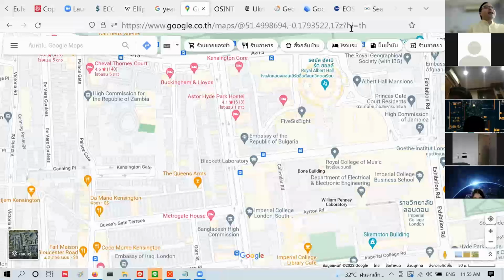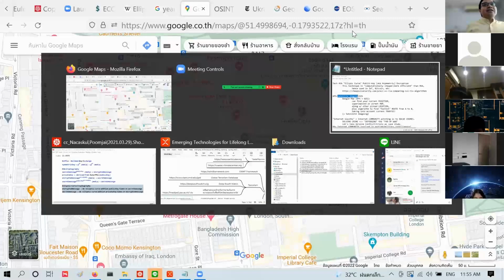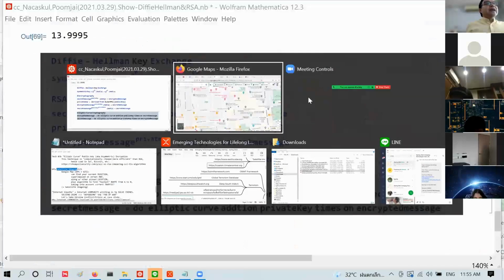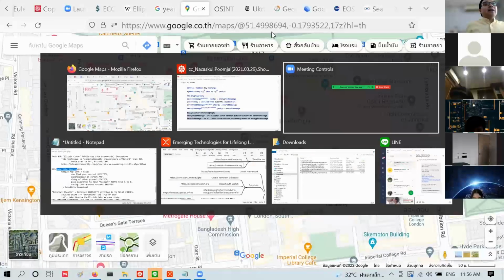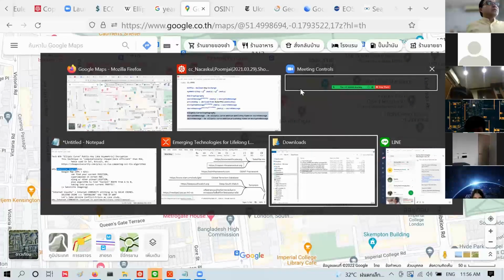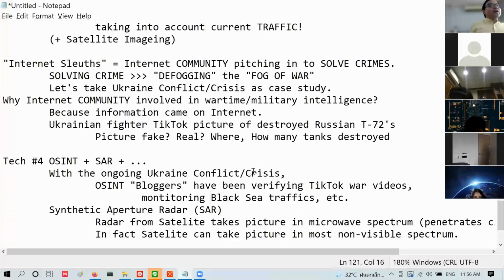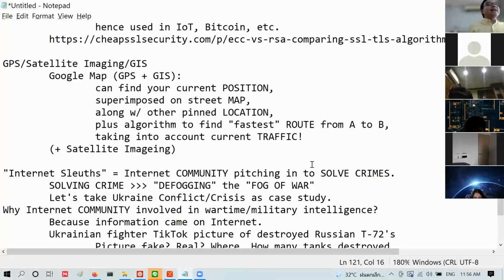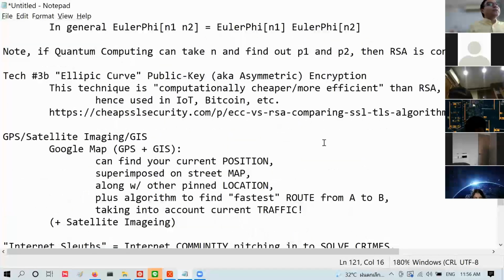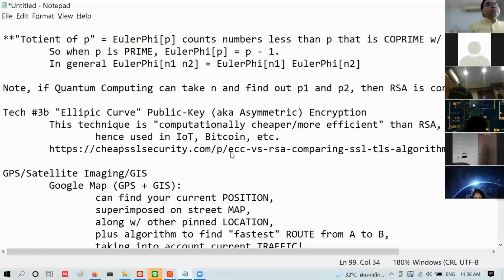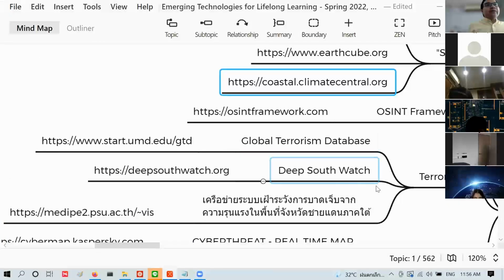In fact, there's one that not only gives you the picture but gives you the actual wind speed going on right now. It's a very live thing. I should have turned this on before.